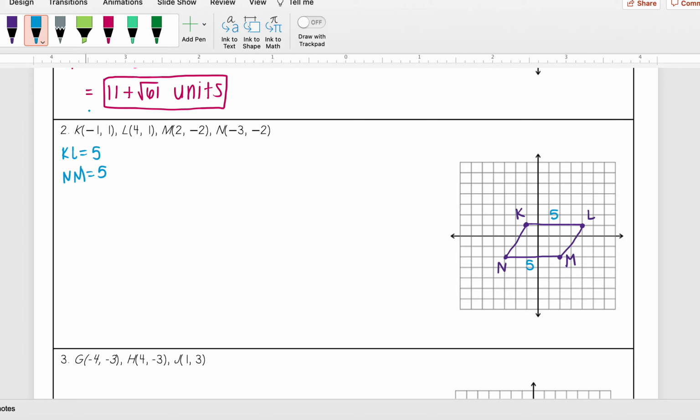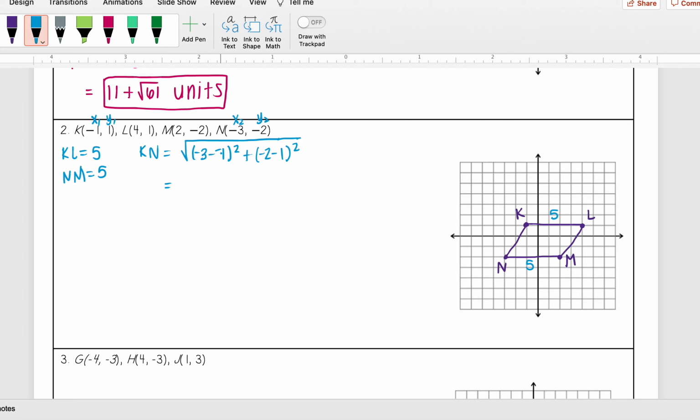For KN, I'm first going to label my x1, y1, x2, y2. So I'm going to have K be the x1, y1, N be the x2, y2. So I have that KN is equal to the square root of x2 minus x1, so I have -3 minus 1 squared, plus y2 minus y1, so -2 minus 1 squared.